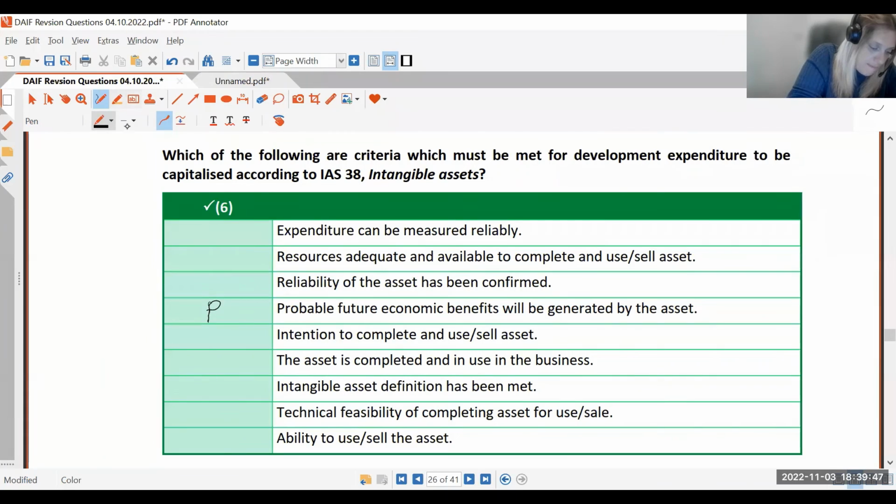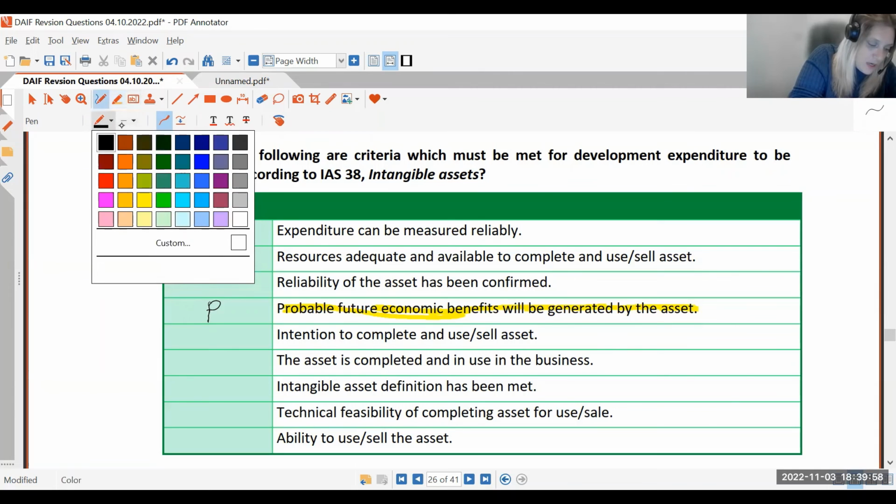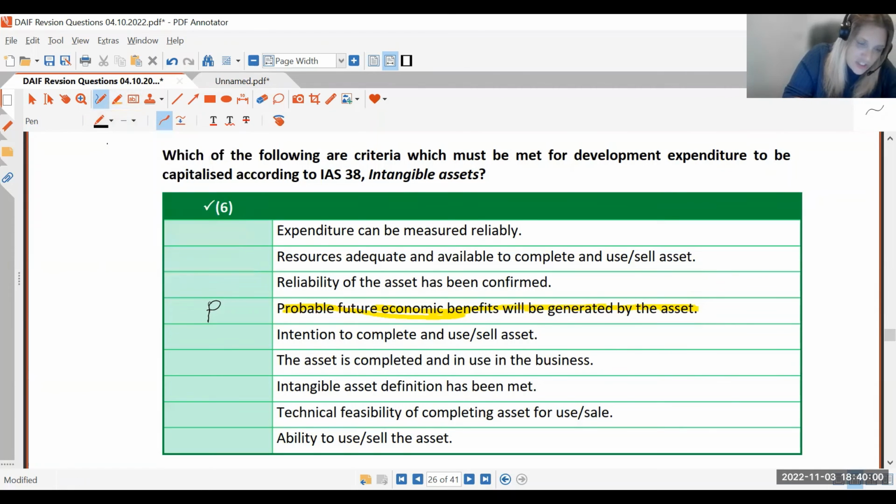That's our P. The next we're looking for is our I, which is our intention to complete and use or sell the asset. Next, we have our R, which is our resources adequate and available to complete, to use or sell the asset.